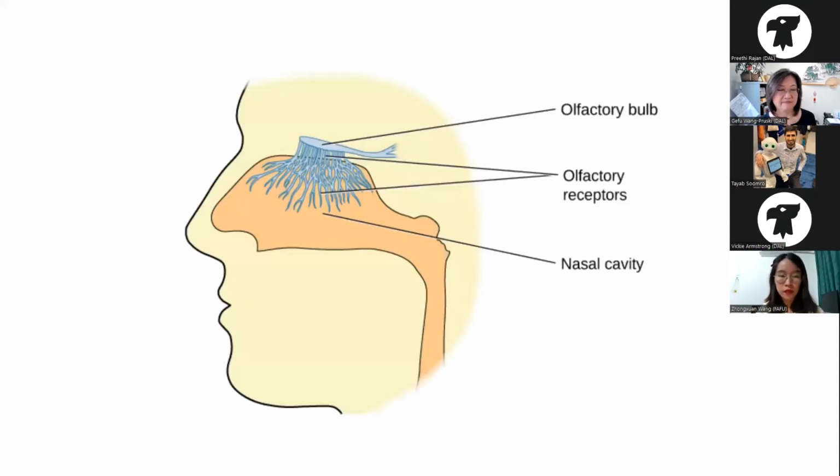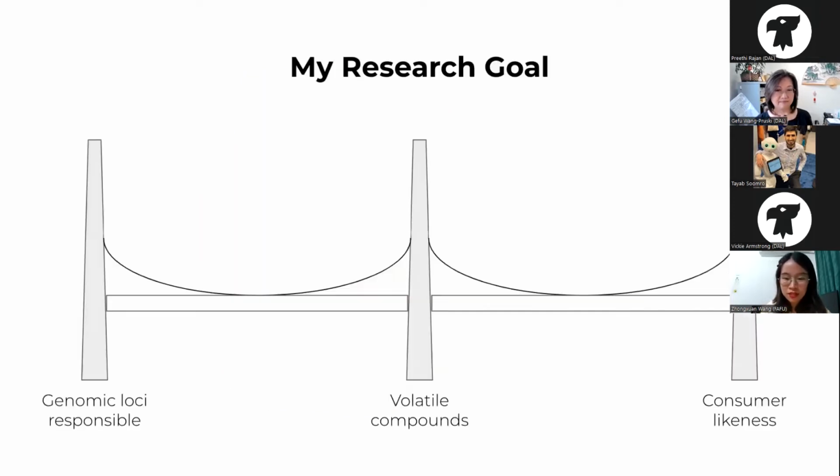Aroma is characterized as the binding of these volatile compounds that are emitted by apples to the receptors in our olfactory system that is located on the back of our nasal cavity. Depending on the type, abundance, and ubiquity of compounds that bind to the receptors, we experience different aroma. Some of the types of volatile compounds we can expect to find are alcohols, aldehydes, and esters.